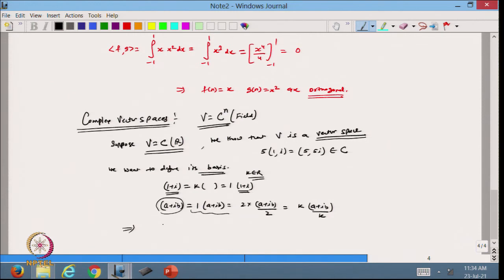So this implies that there does not exist a unique complex number, a unique vector V, which can span the whole complex plane.